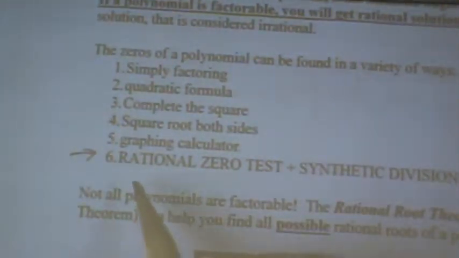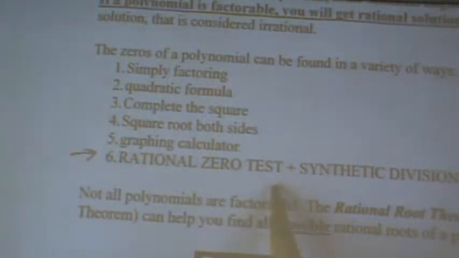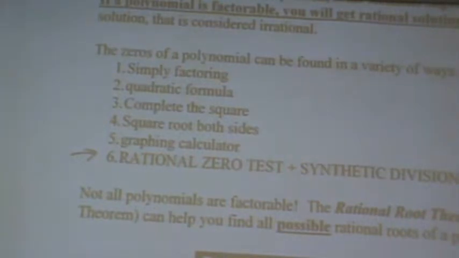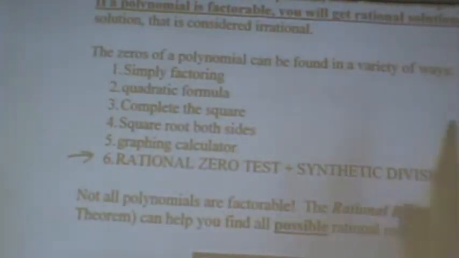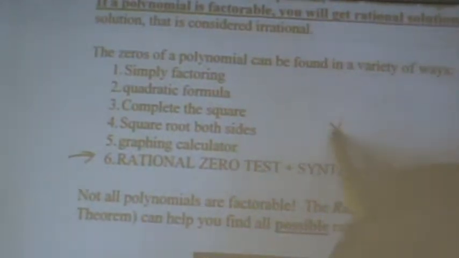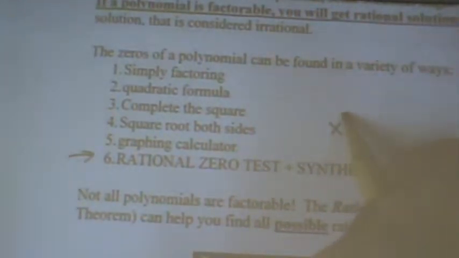And the last item that we really haven't investigated thus far is using the rational zero test and synthetic division. You have to use synthetic division along with the rational zero test in order to factor them and find all the rational and real zeros. You want to use this test when you have polynomials that are above and beyond the quadratic.